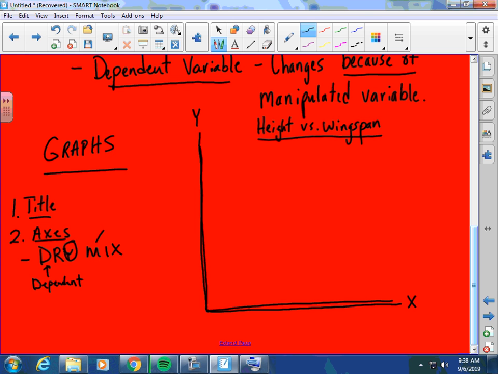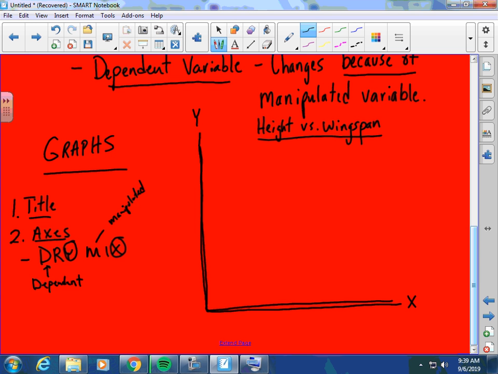And the M is the manipulated variable. All right. It's sometimes called the independent variable, the I, and that goes on the x-axis. So DRY MIX. Dependent goes on the y, and the manipulated goes on the x.